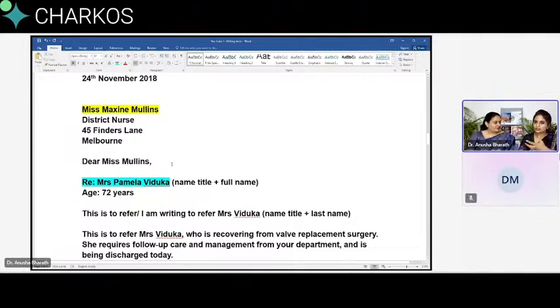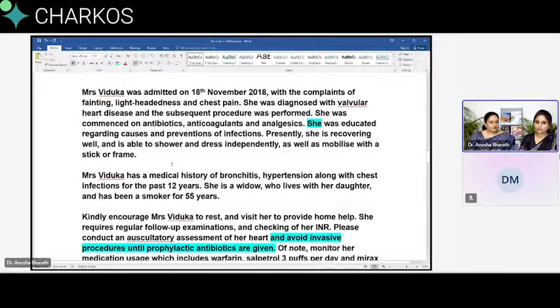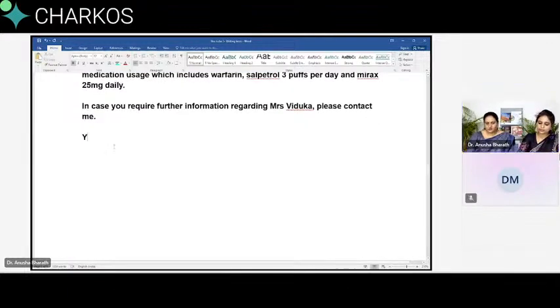So when the addressee's name is given, you will be ending your letter with yours sincerely. When you know the person you're writing the letter to, use sincerely. When you don't know the person, use faithfully. So, yours sincerely, registered nurse. So that concludes the letter.